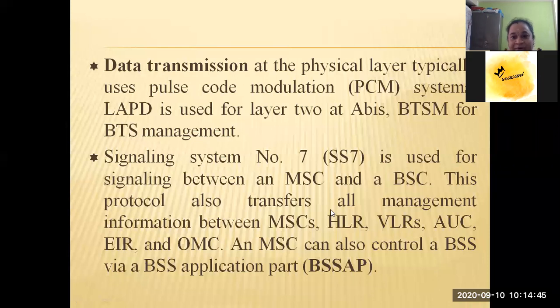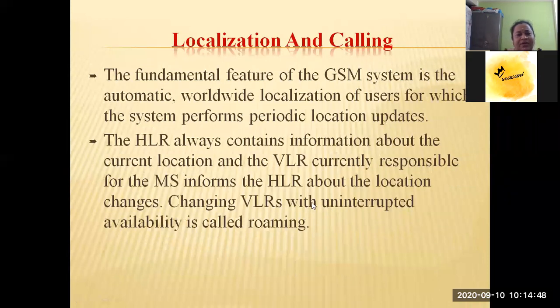Coming to localization and calling, which we discussed in the last class, that is how to identify the locality or identity of a particular user. The particular location of the user is periodically updated using the HLR.